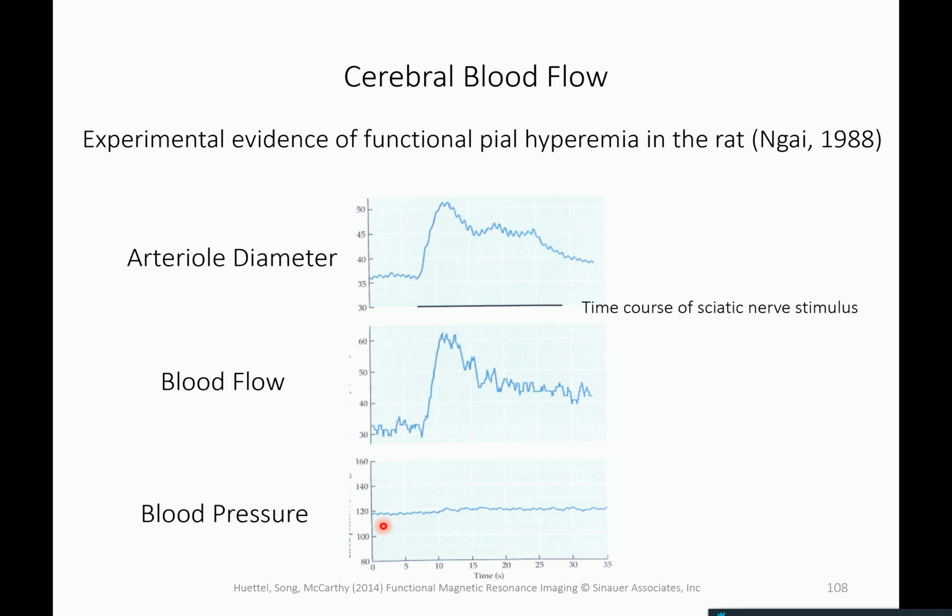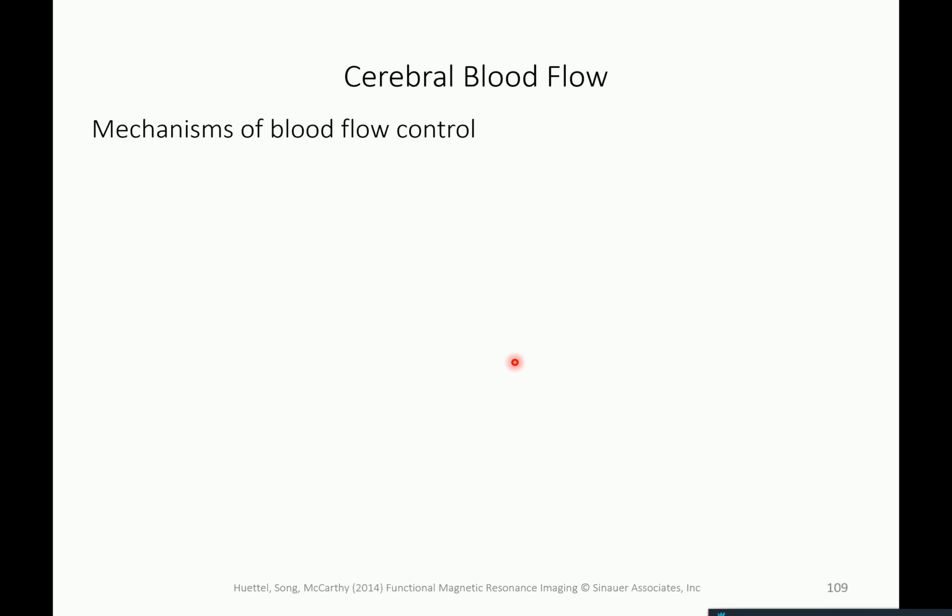But what is not changed is the blood pressure. So functional hyperemia is not induced by increasing the pressure on the system, but by lowering the resistance, which then increases the blood flow. That's one example of experimental evidence in this regard.